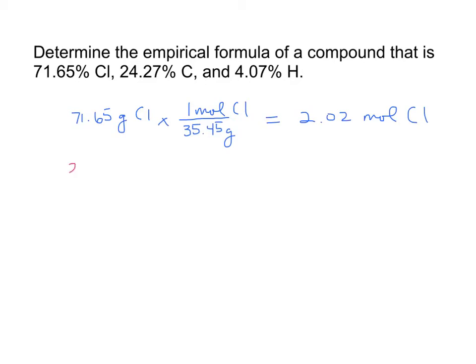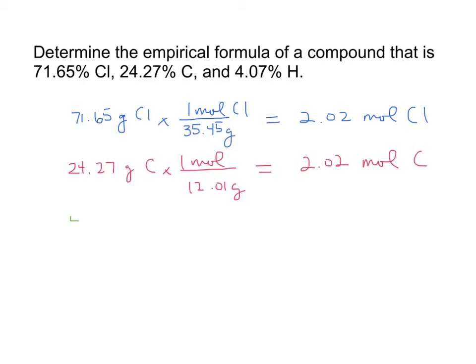Now we repeat this process for every single element involved. So we'll do carbon next. 24.27 grams of carbon. The molar mass of carbon, 12.01 grams, 1 mole. And we get an answer of 2.02 moles of carbon. And then finally hydrogen.